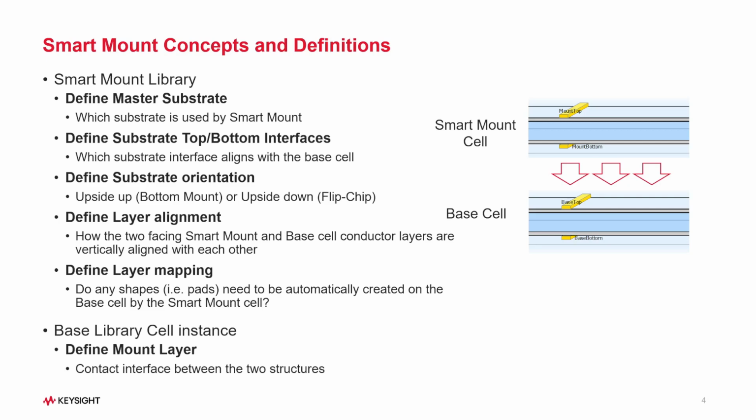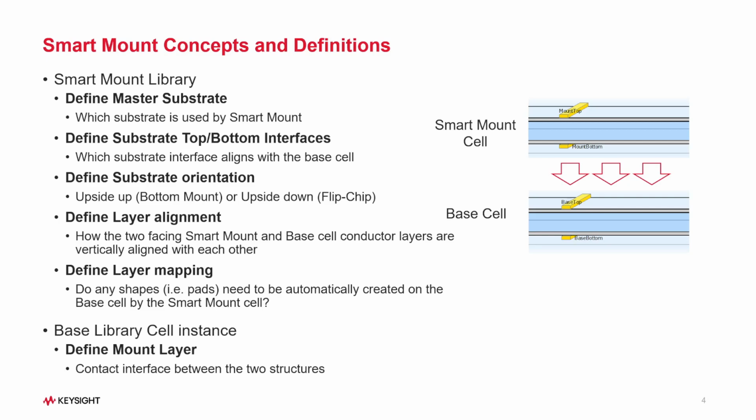So it can be upside up, which is called bottom mount, or upside down, which is called flip chip. Then we need to define how the layers are aligned, so this is basically about the vertical alignment of the two, or more than two actually, contacting layers.